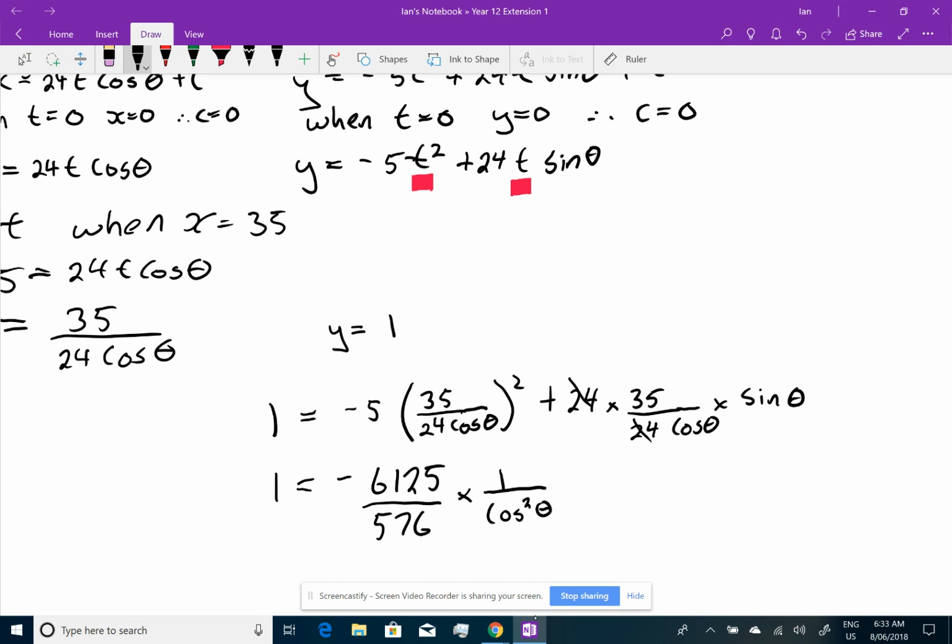My 24s are going to cancel, so I'm going to get plus 35, and sine on cos is tan theta.